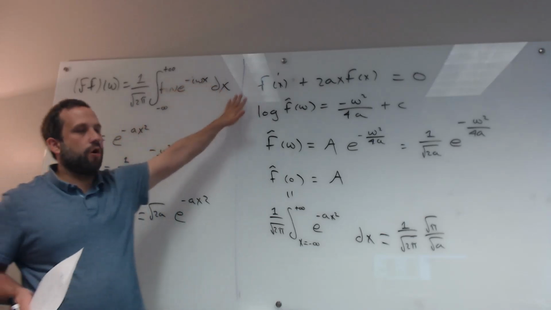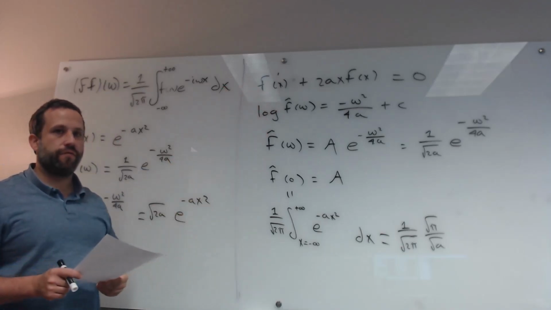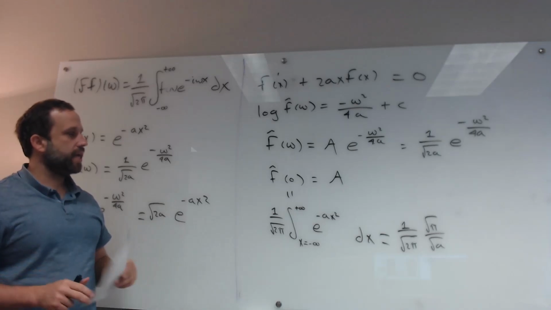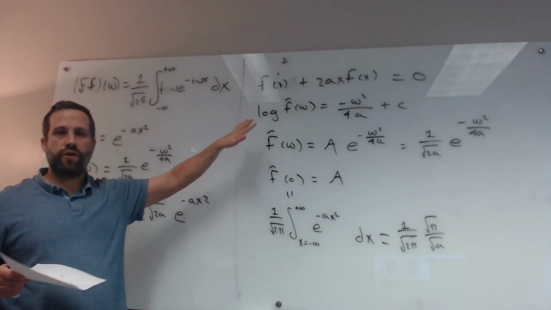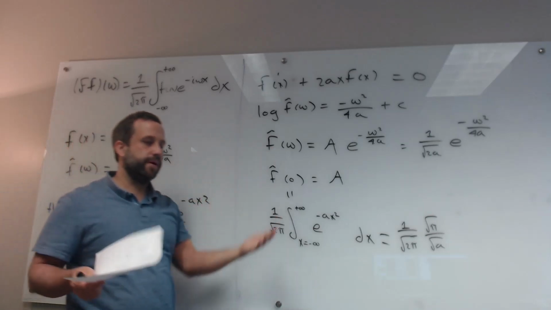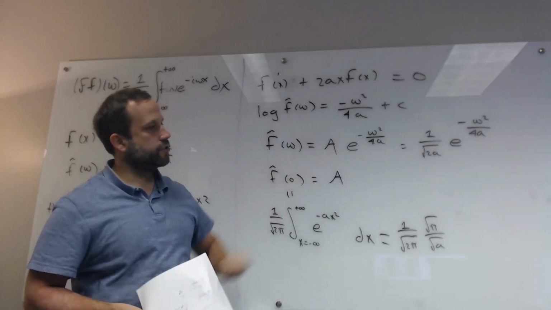There's nothing wrong with that, but it's not just a straightforward computation of the Fourier transform. The part I like about it is that I just wave my hand over the complex contour integration in the plane, and I don't typically like to do that. But anyway, either way, this is the Fourier transform.